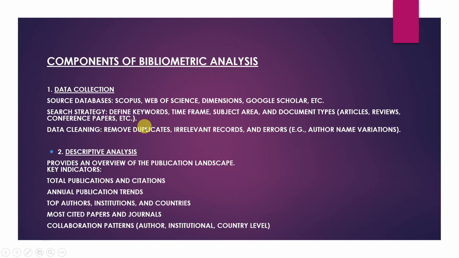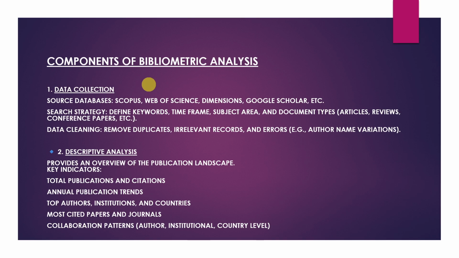Then search strategy. On the basis of your research, you have to give specific keywords related to your area of interest. You can give a particular time frame, from 2010 to 2015, for 5 years.